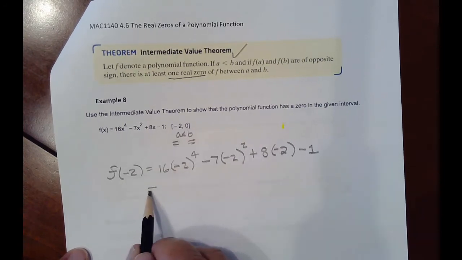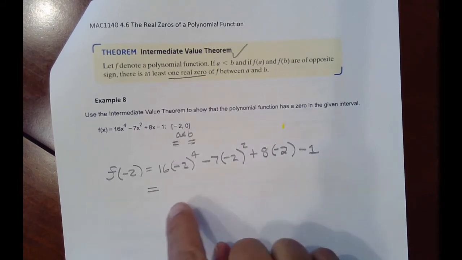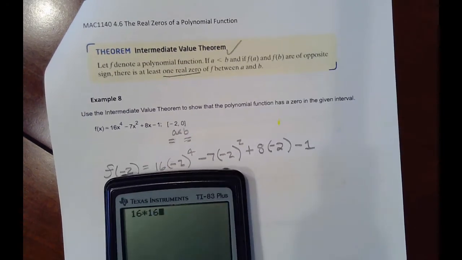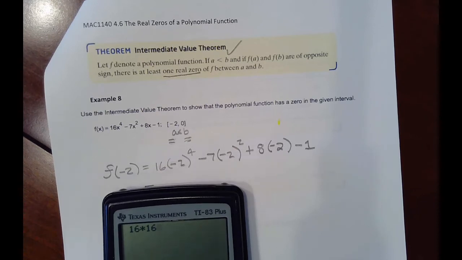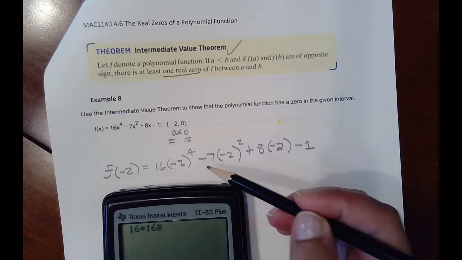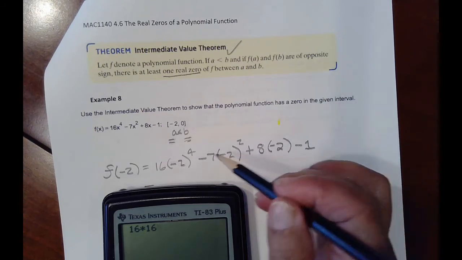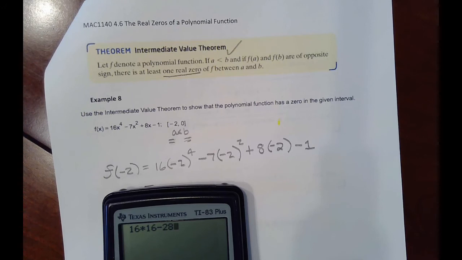Okay, so let's see what this is. We can just put it in our calculator. This is 16. 16 times 16. You can just stick it in straight like that. I'm just doing some of it in my head. Okay, and then this would be 4 times -7. And then this is -16 and -1.